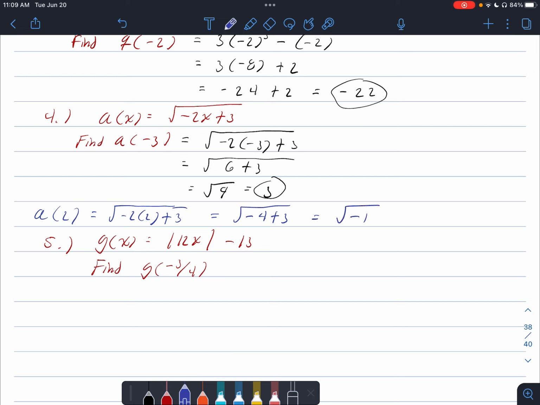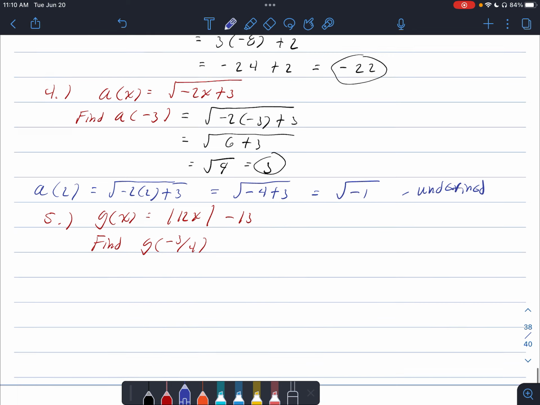Now, we're assuming in these functions that we're mapping real numbers to real numbers, so we don't have the complex numbers as our output. So we would say at the point 2, this function is undefined. Okay, and later on we're going to be trying to find the valid domains of functions.